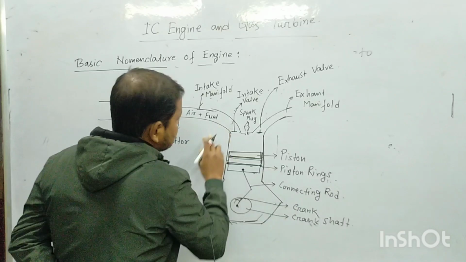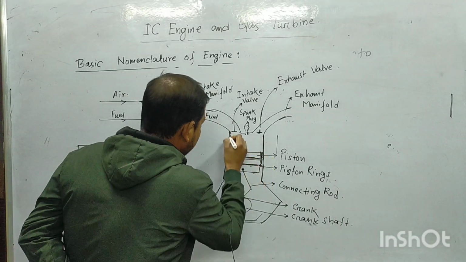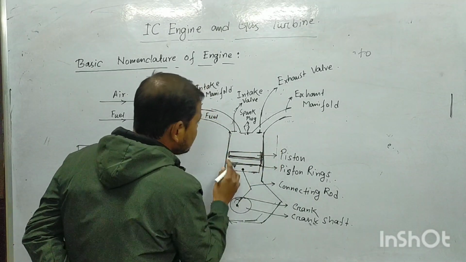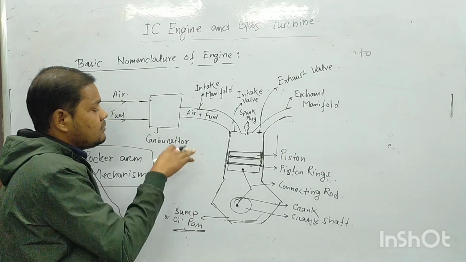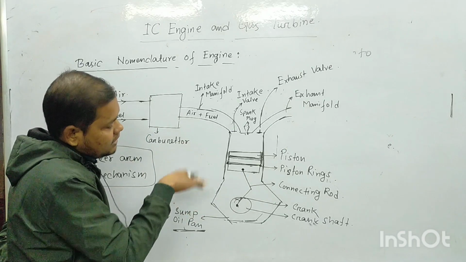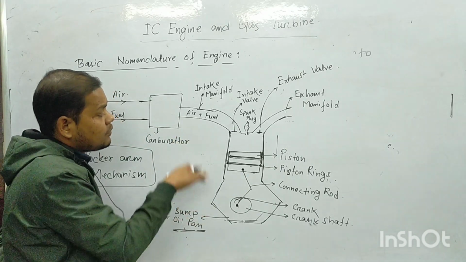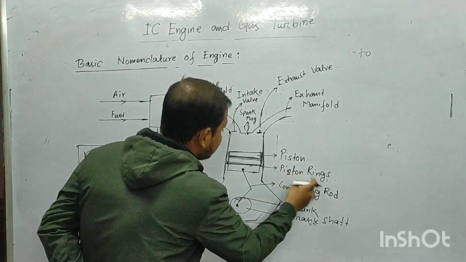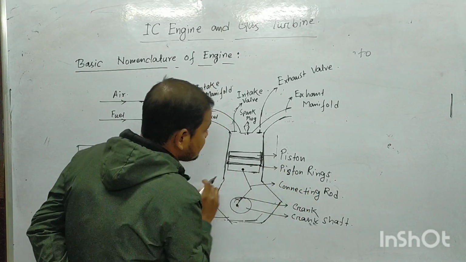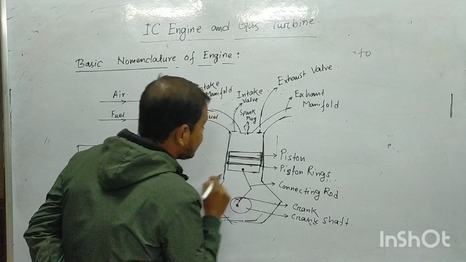Okay, and then this is the engine block, and this is the piston which generally reciprocates in the engine cylinder, and then the piston rings, this is the connecting rod, and this is the crank and crankshaft.